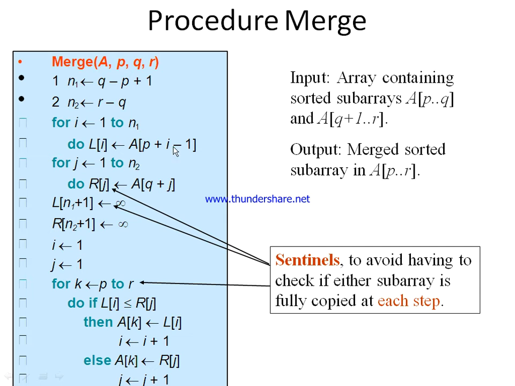If I is 1, 1 minus 1, 0. So the first element goes to the first index position. If I is 2, 2 minus 1, 1, P plus 1, where P is 0 initially. Initially the first is moved, and the second is moved, and the third, etc., until N1 is reached. And next similarly for N2.